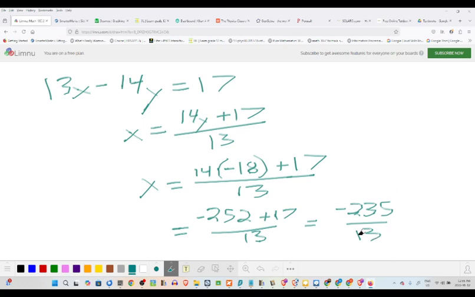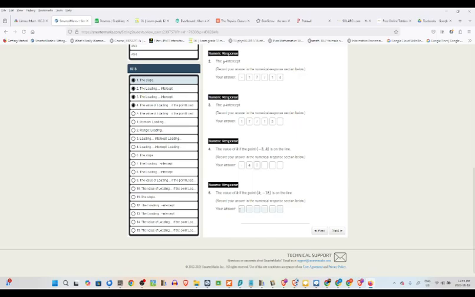13 is prime. So if 13 was a factor, it would reduce to a whole number. 260 is 13 times 20. So 234 would be a multiple of 13. 235 is not. So we should have negative 235. Okay.